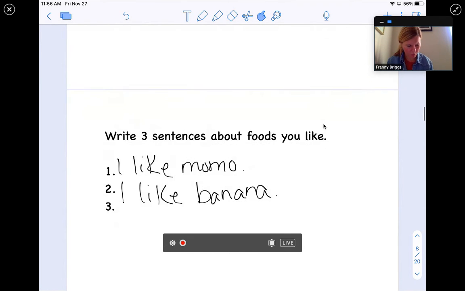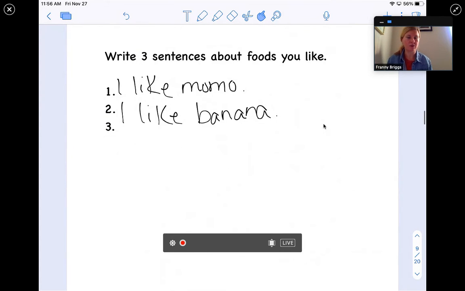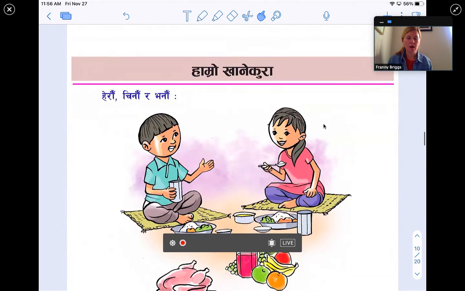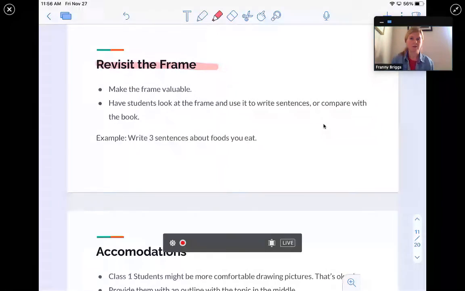It's like, oh, well, let me see. What foods do I like? I already thought of them. I like momos and apples and bananas. And so I can write those in sentences. So by revisiting the frame, that's going to give some gravity, some weight to what they did.